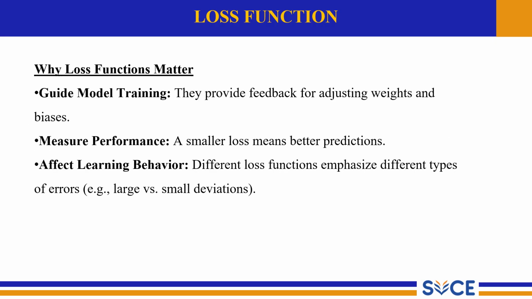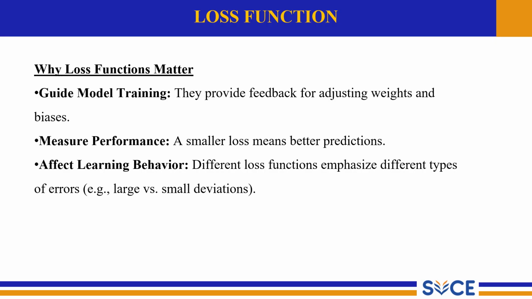Why loss function? Loss functions are essential because they guide the training process of a machine learning model. They provide a clear feedback signal that tells the model how to adjust its weights and biases to improve predictions. They also measure model performance. A lower loss value means the model's predictions are closer to the true values, while a higher loss indicates poor accuracy.